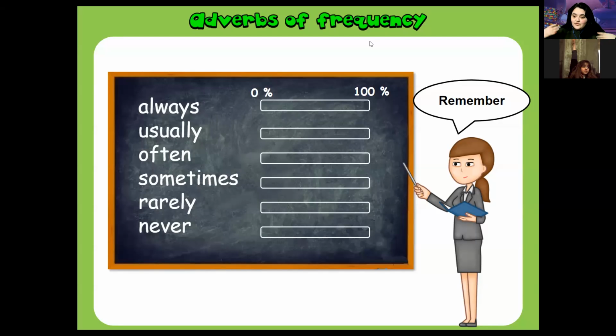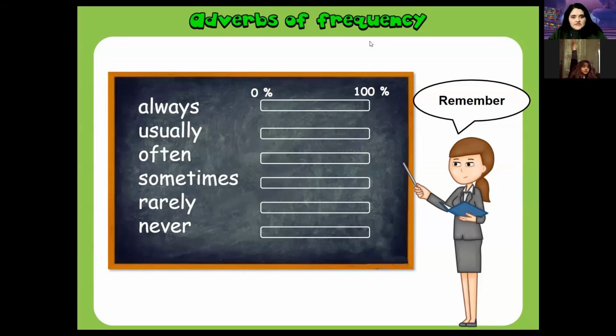Okay, so what we're doing now is a review of what we were talking about. Our adverbs of frequency are always, usually, often, sometimes, rarely, never. Those are the ones we're going to put on a scale from 0% to 100%.